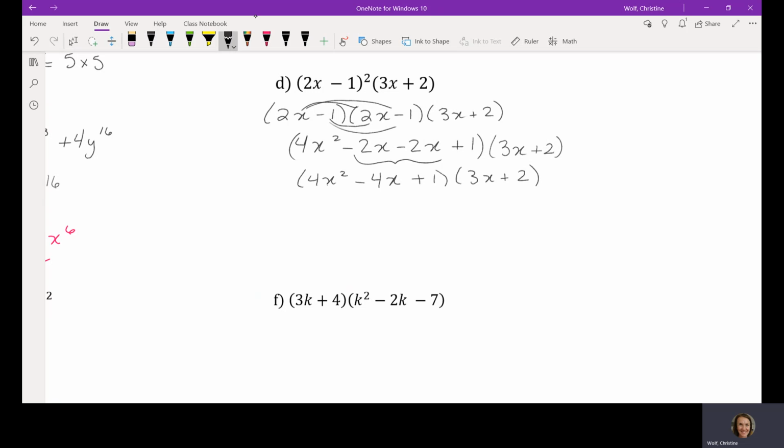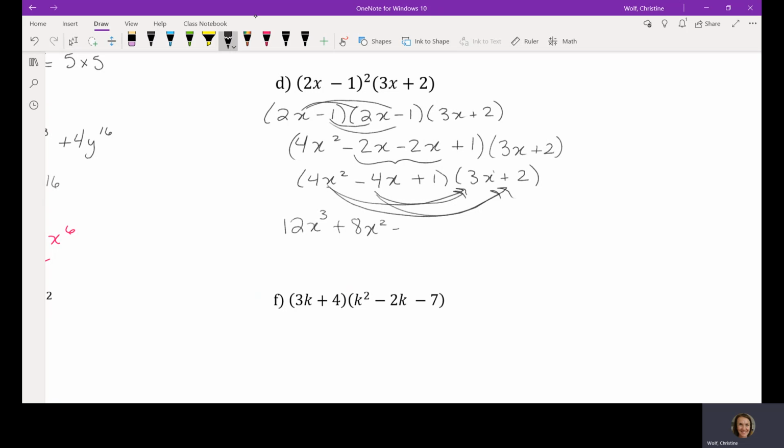All you do is take the first term and you multiply it to both terms in the far bracket. So 4x squared times 3x becomes 12x cubed. Again, we add the exponents, and there's a 1 on that x. Then 4x squared times 2 becomes 8x squared. No x's to add. Then we move on and we do the same thing with the middle term. Multiply the negative 4x to each term.